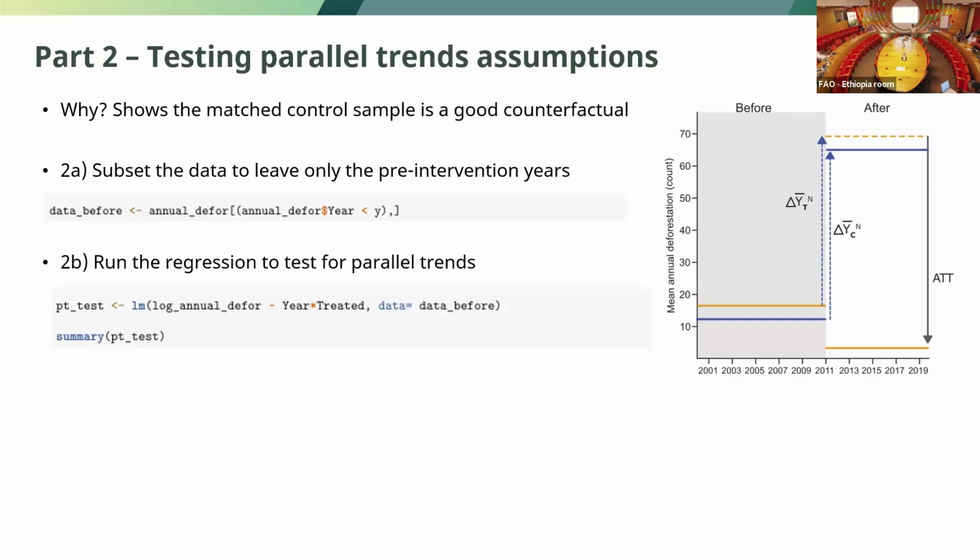To do that, we have to subset the data to leave only the years before treatment, so only the observations where year is less than 11. So if you run section 2A, lines 422 to 426, you can test, no, oh, hang on, I haven't run the previous bit.